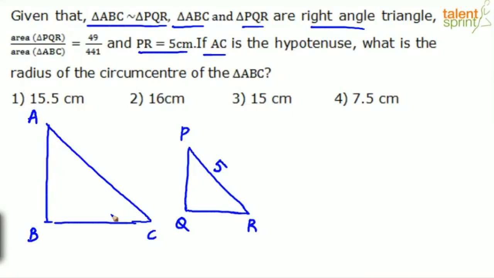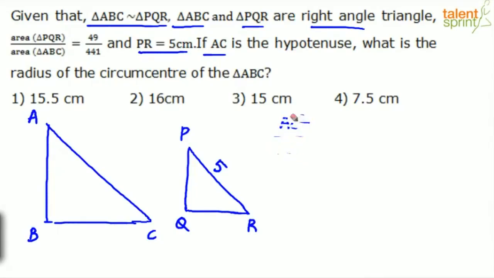Now from the properties related to similarity, you know that the square of the ratio of the sides is equal to the ratio of areas, right? So you have to take corresponding sides.